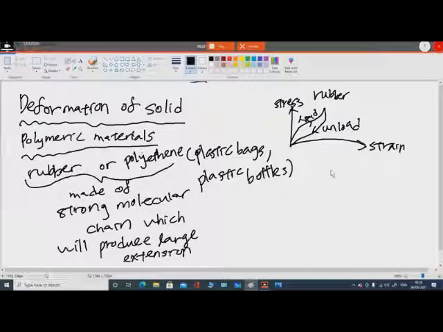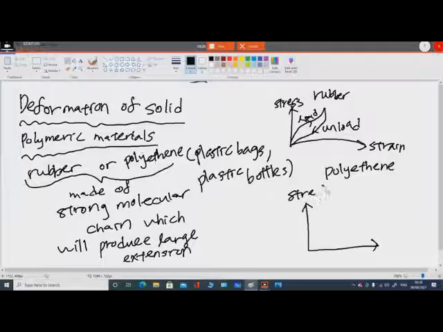As for polyethylene, this is also a stress strain graph, of course. As we apply the work done to the polyethylene, what we get is the same as the rubber, but as we unload, it will eventually give us this.